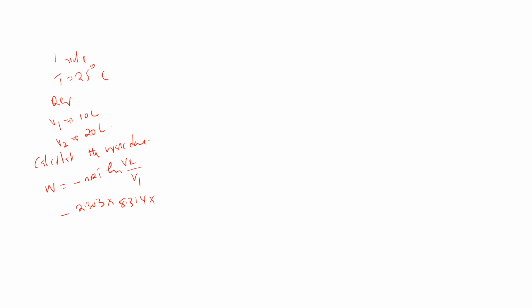The temperature is 298, which is 25 plus 273, 298, log V2 over V1, and this gives us a value of minus 17.46 joules, and we can convert this to calories. Okay, so this leads us to the next thing that is called internal.